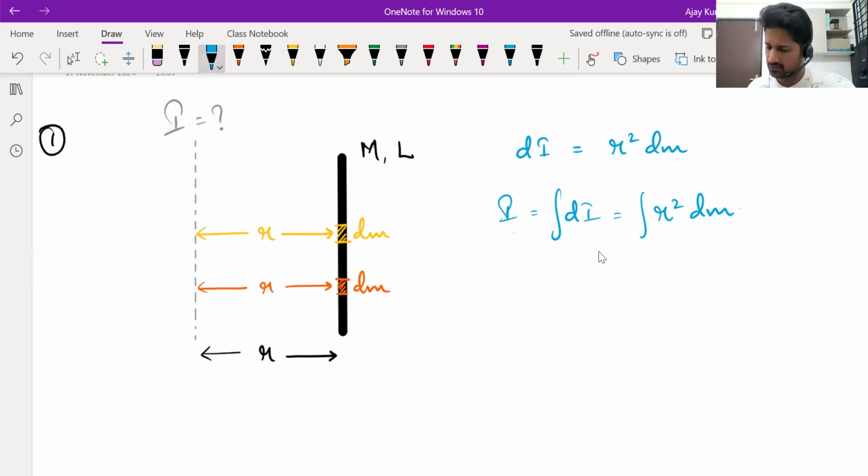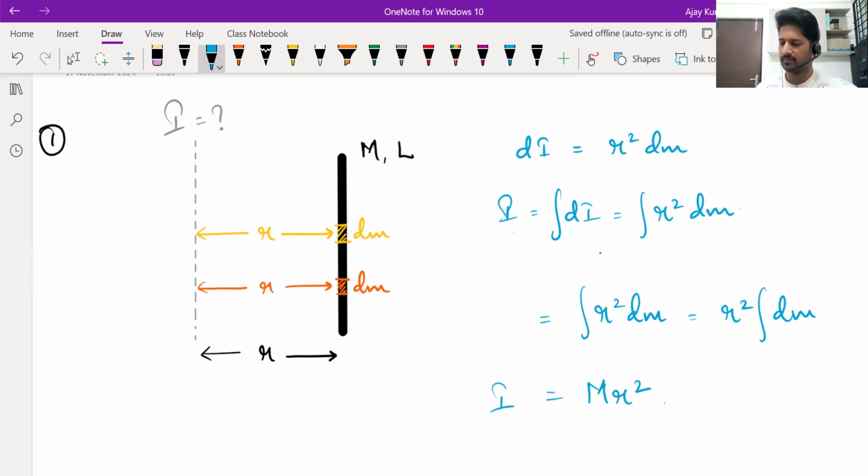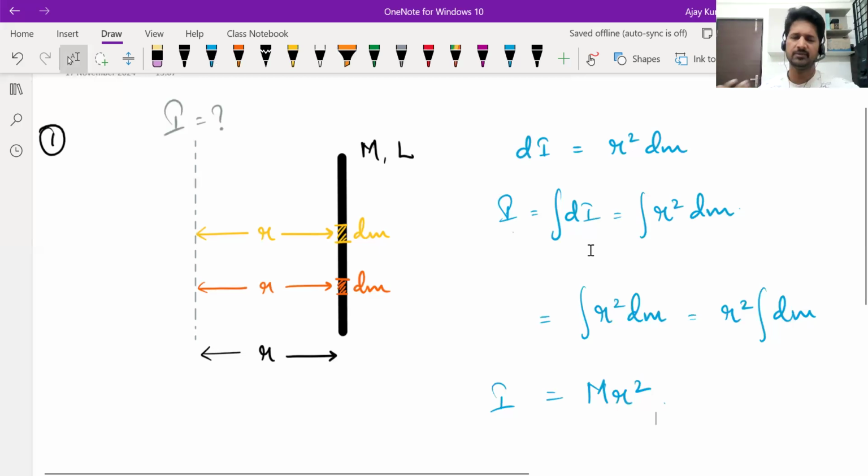So it becomes very easy to express the moment of inertia in this case. Integral r square dm. r is the same for all dm, so it can be kept outside the integral. And integral dm becomes the total mass. Therefore, the answer is mr square itself, because all the mass m is at the same distance r from the axis.